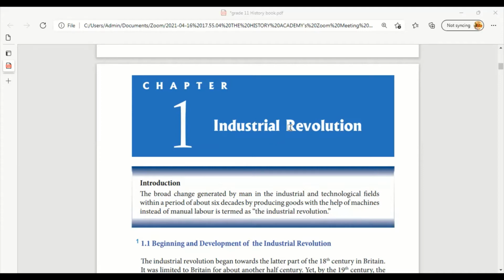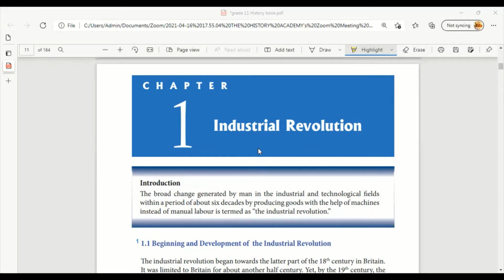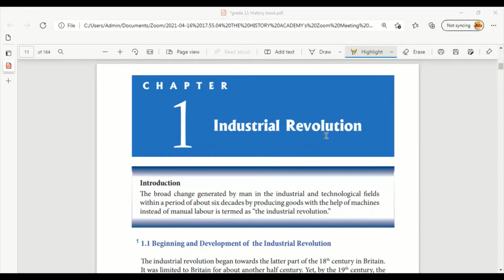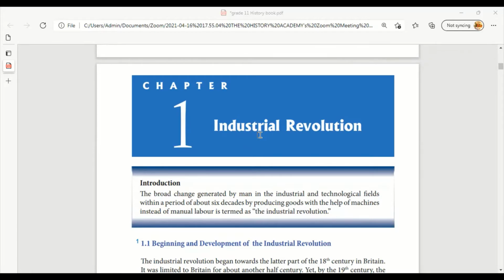But once the industrial revolution began in Britain, everything was done using machines. So the main change which occurred in the industrial revolution spread to the whole world, right? At the beginning, Britain became an industrialized country. That means the whole world is now using industrialization, using machines, due to the industrial revolution which occurred in Great Britain, right?